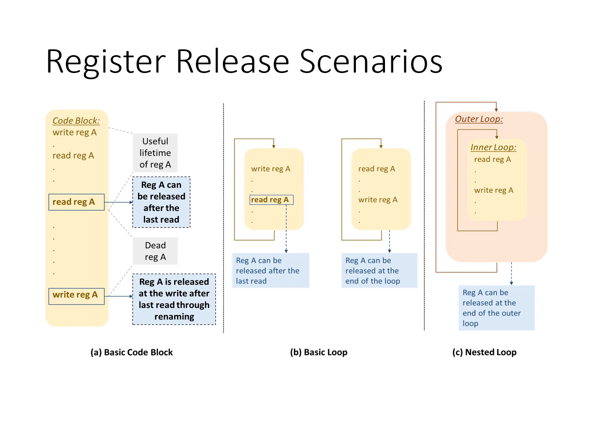So we wait until the entire loop completes execution before we release that register. In a scenario where a loop is completely contained within an outer loop, which is the nested loop scenario, we wait until the outer loop completes execution before we release this register.